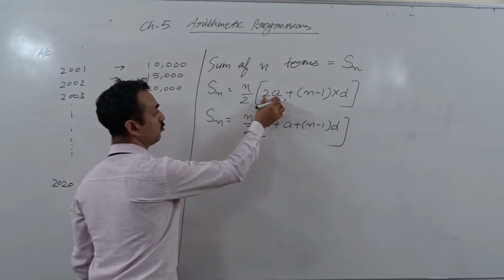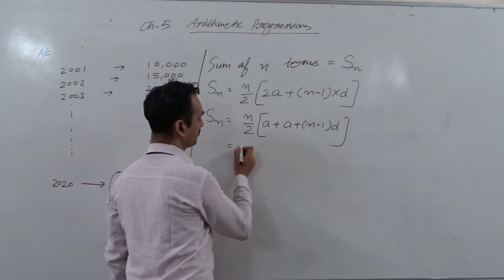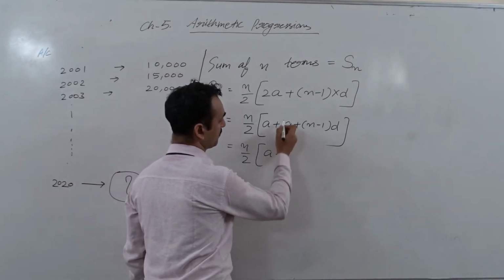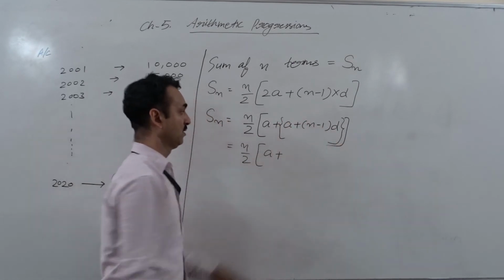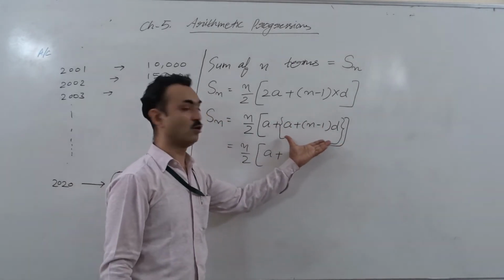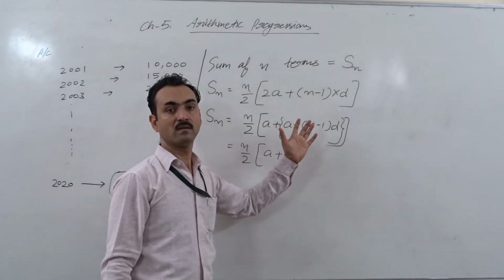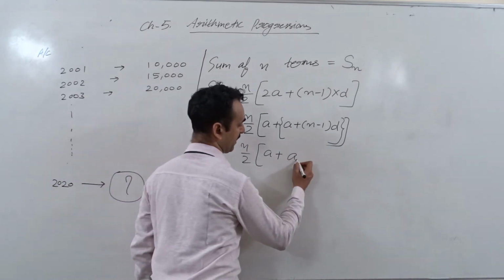I just write here a plus a, nothing else. So a remains here, a as it is, and if we combine it with this, what is this? This is known to you: a plus n minus 1 into d, the nth term of the AP, an.